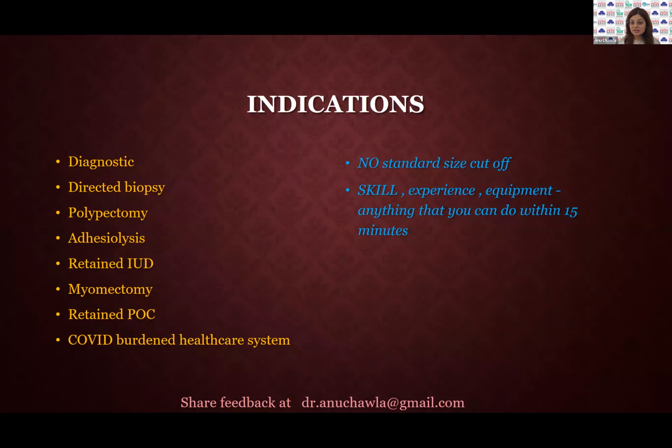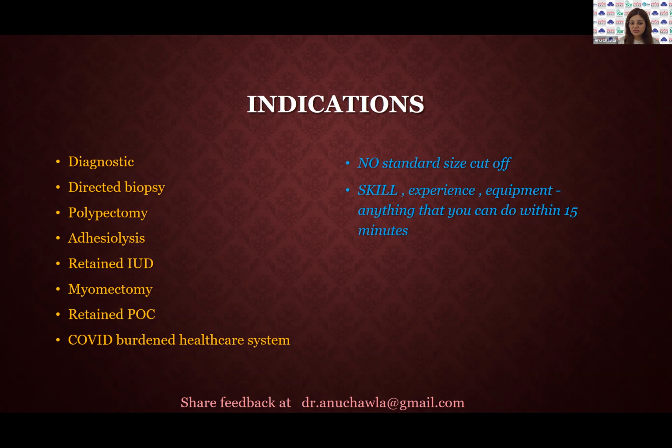There is no standard size. For example, what is the maximum size of the polyp or the G0 myoma that you can take out? It really depends on the skill of the surgeon, the experience, and the proper knowledge of the equipment. Anything that can be finished within 15 minutes, based on all of these, especially the skill, you can do.